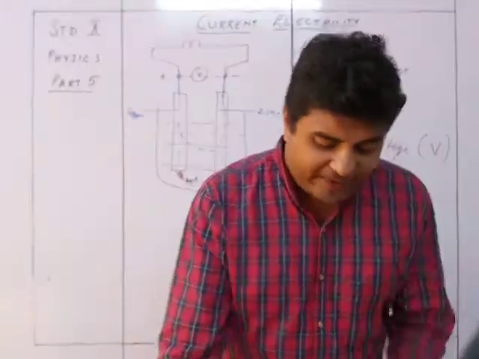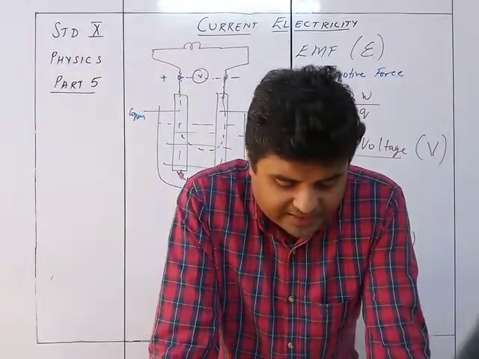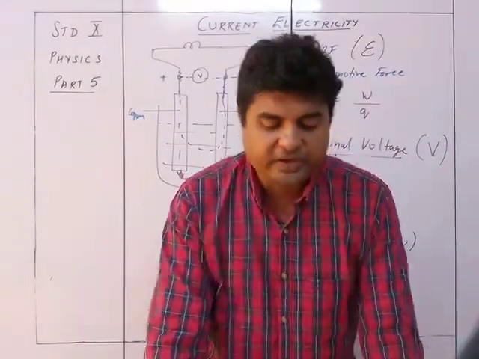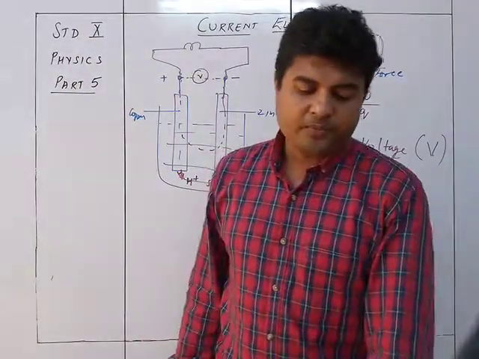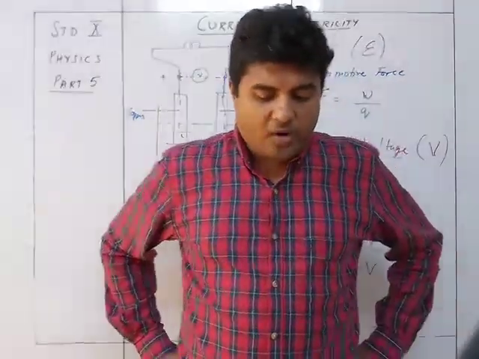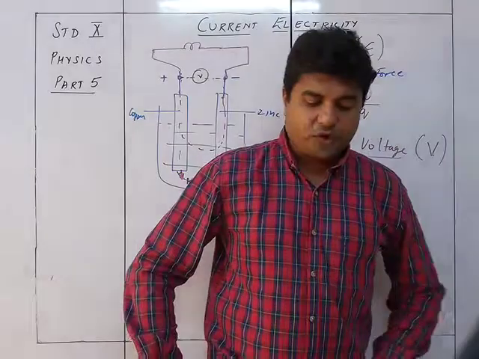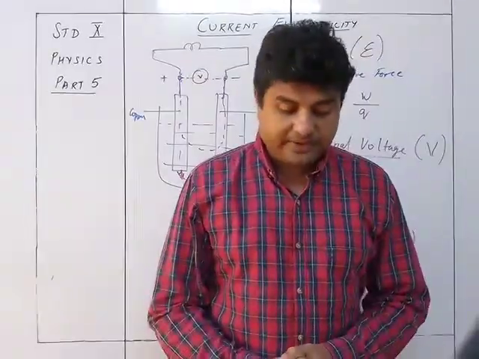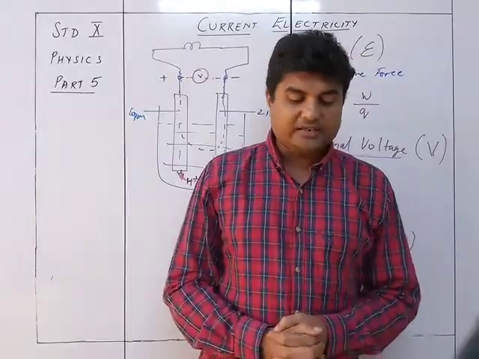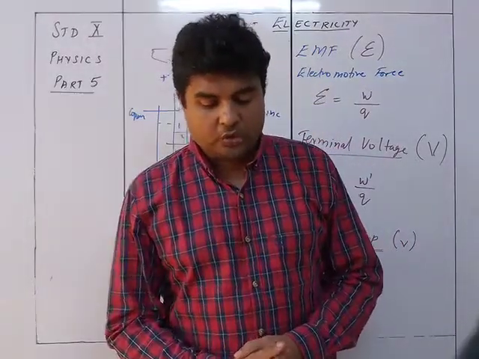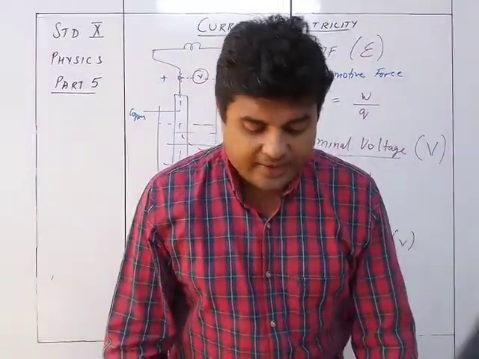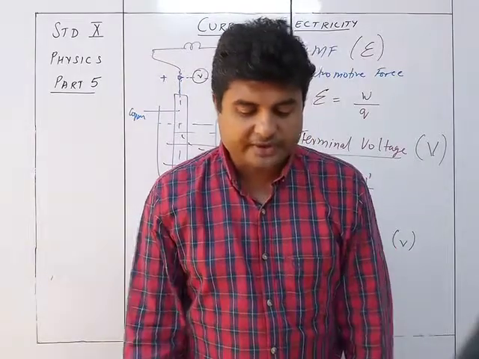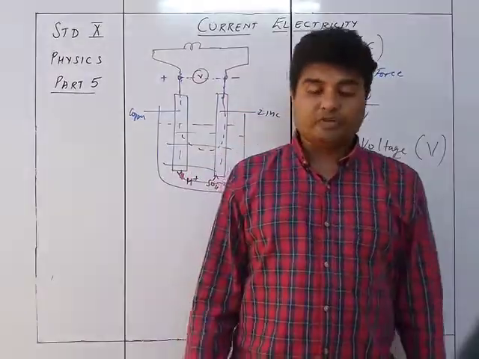So from the definition of EMF and terminal voltage of the cell, it is clear that the terminal voltage V of the cell is less than the EMF epsilon by the amount of energy spent in flow of charge through the electrolyte inside the cell. If small w is the work done or energy spent in carrying the test charge q through the electrolyte inside the cell, then the quantity w upon q is called the voltage drop in the cell, which is denoted by small v.